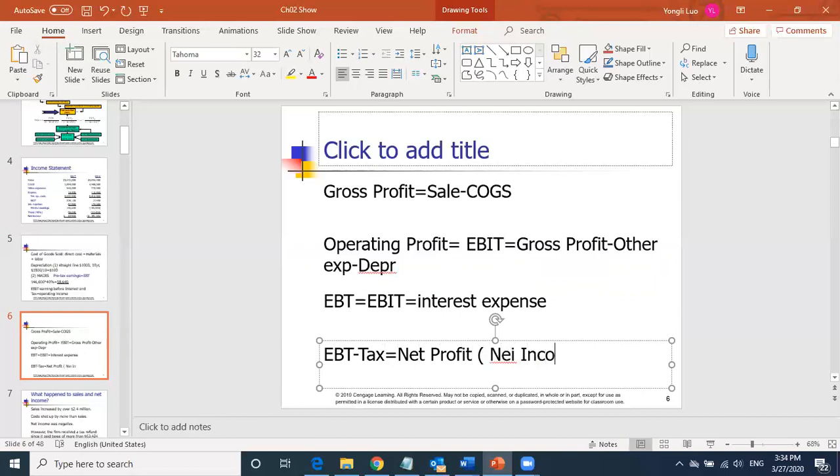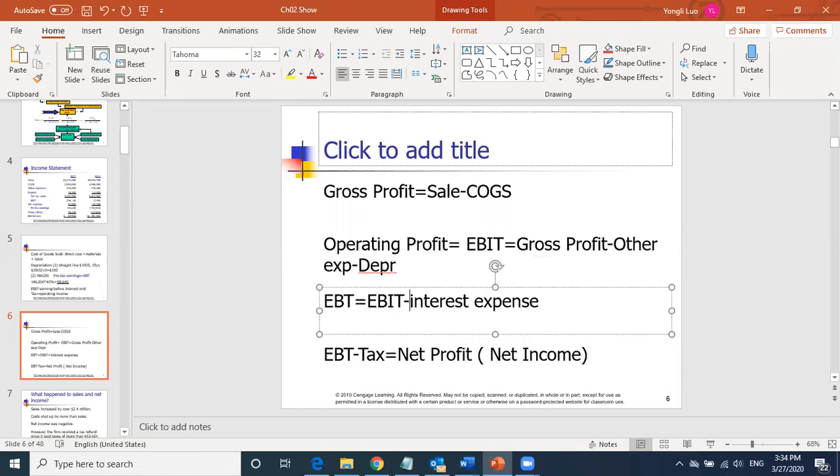They are the same thing. Sometimes we call it net profit, sometimes net income. Dr. Low, you put EBT equals EBIT interest expense, or minus. Oh, minus interest expense. Yeah, sorry, this is minus.